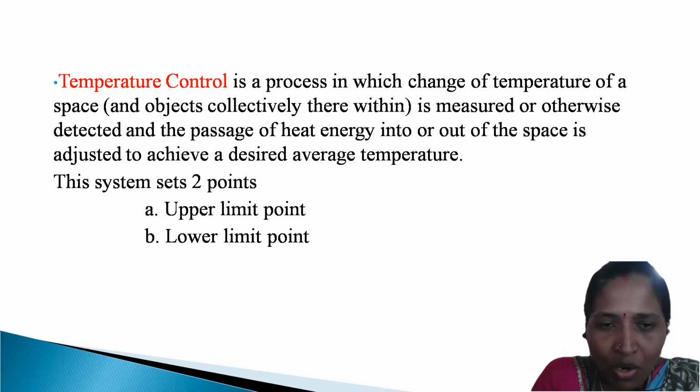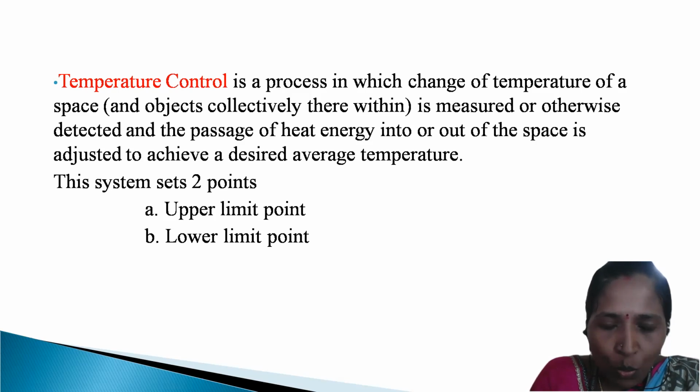This temperature control system is a type of control system that automatically controls the temperature of an object or an area. The system sets two points, an upper limit point and a lower limit point. The system reads the temperature of the room, displays it on the LCD display panel, and finally turns the fan or heater on or off.